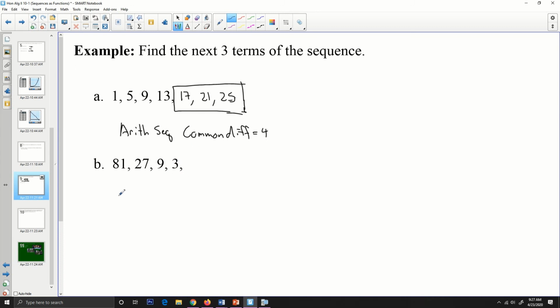So in this one we're going to have a geometric sequence, and its common ratio is going to be a third. That's the same as divide by 3. So 1/3 times 3 is 1. 1/3 times 1 is 1/3, and then 1/3 times 1/3 would be 1/9. Those are the 3 terms in that sequence.